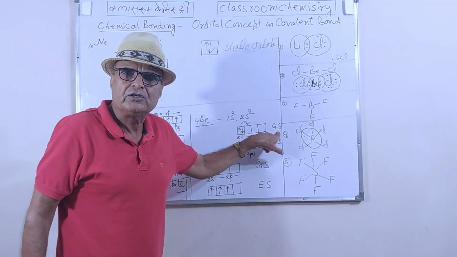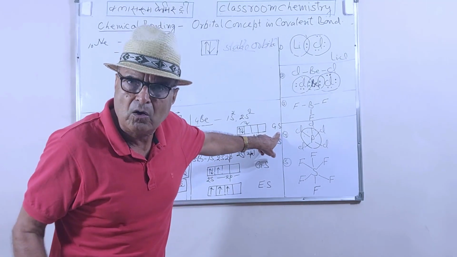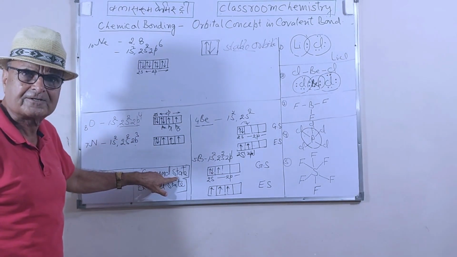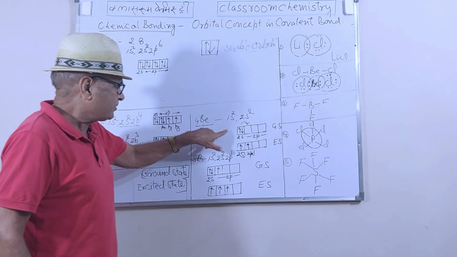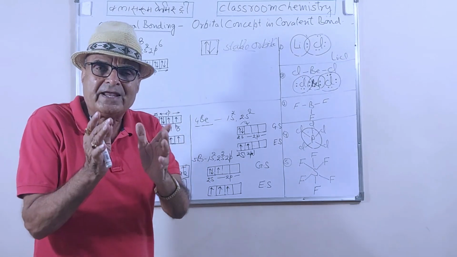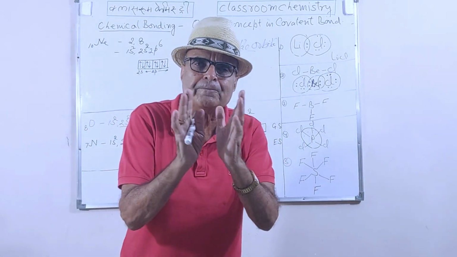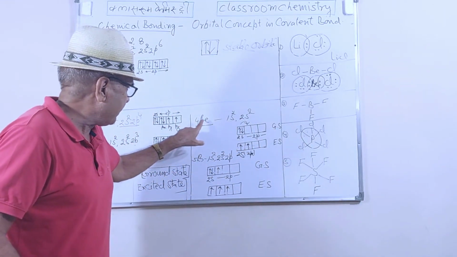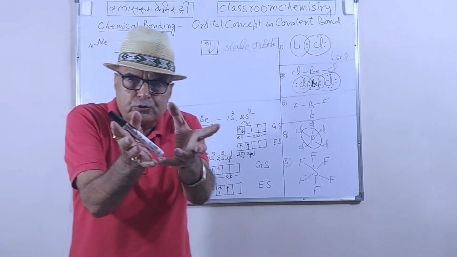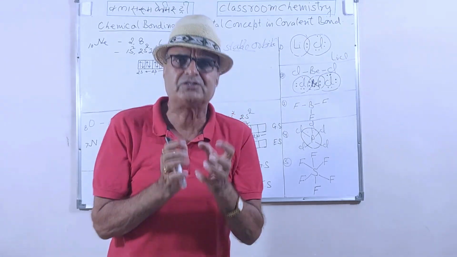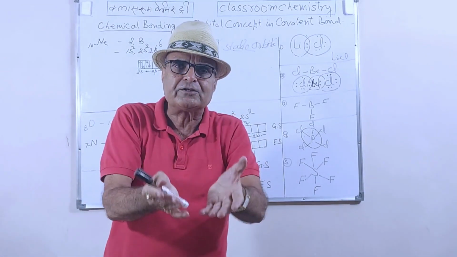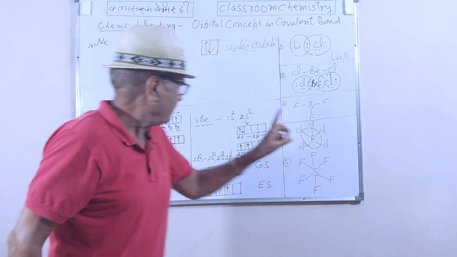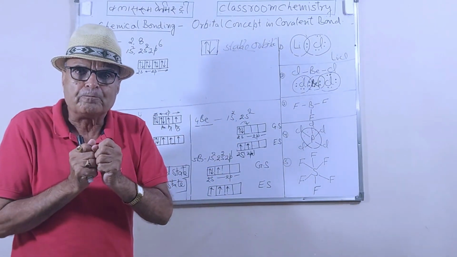This state is called the ground state. It is subjected to the chemical reaction, and the beryllium atom will absorb some energy for the chemical reaction.